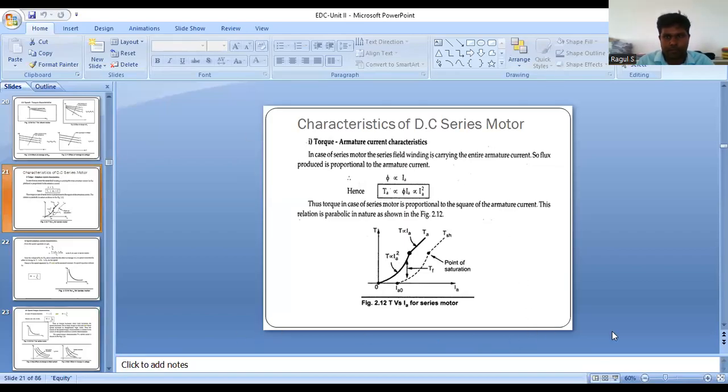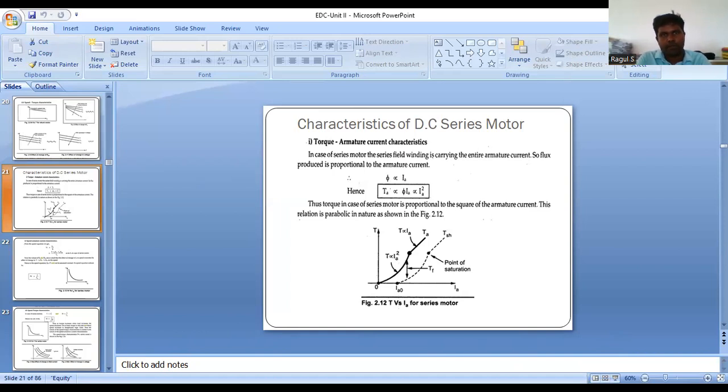So students, now we're going to discuss the characteristics of the DC series motor. Any kind of DC motor's characteristics are clearly defined. What is the relationship between torque and speed?